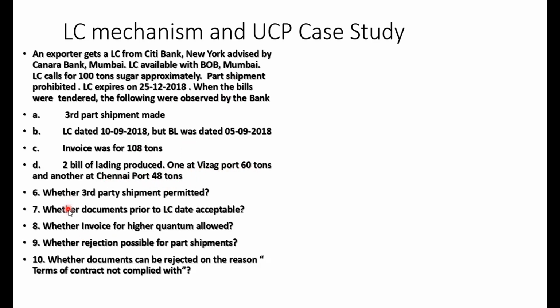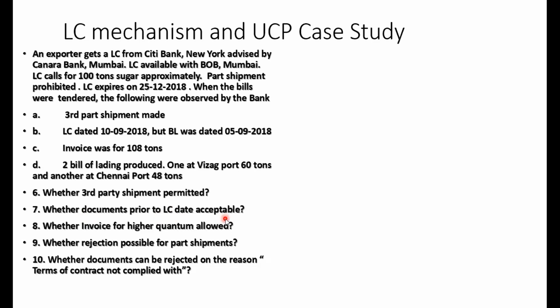So the question they will ask: whether third party is permitted? Yes, permitted if it is not specifically prohibited. They will give options, pick up the option, 1 mark. The second one, whether documents prior to LC are acceptable, they will ask and give 4 options and you have to pick the correct option.